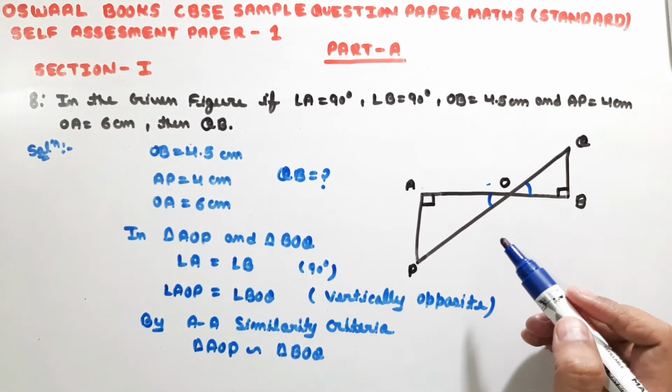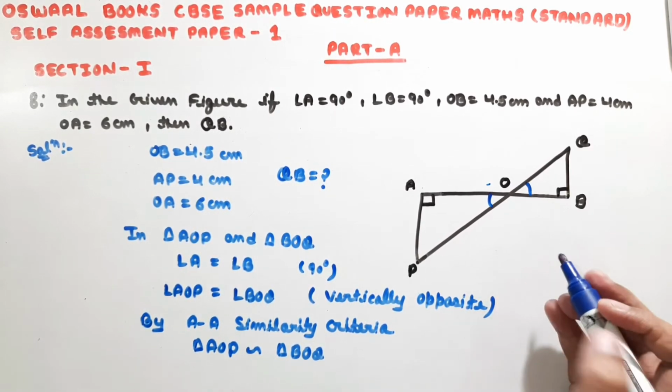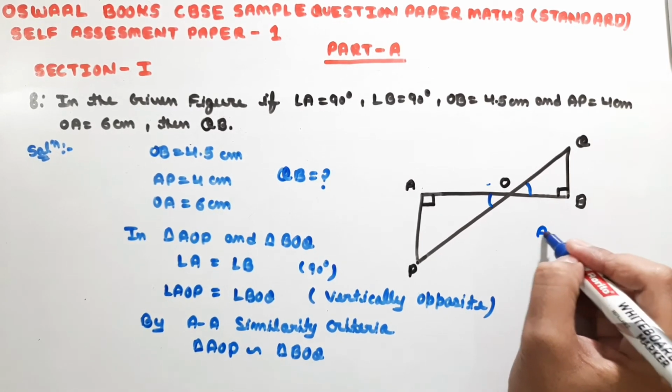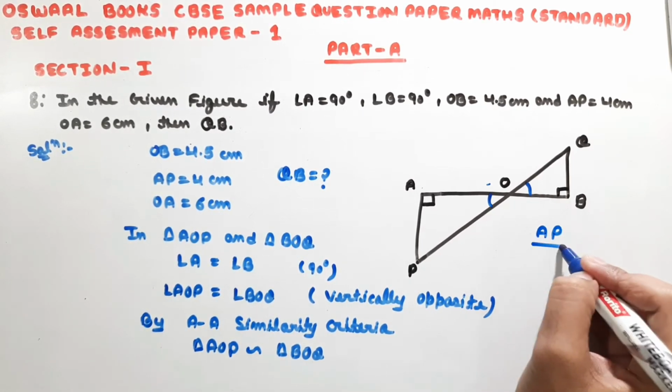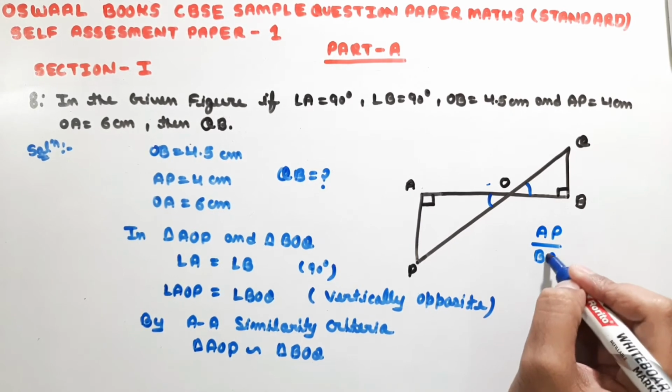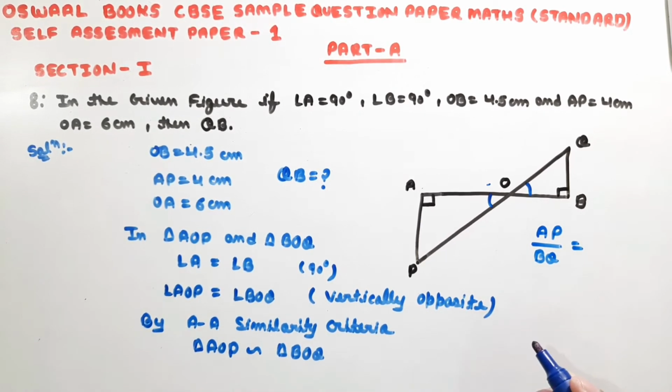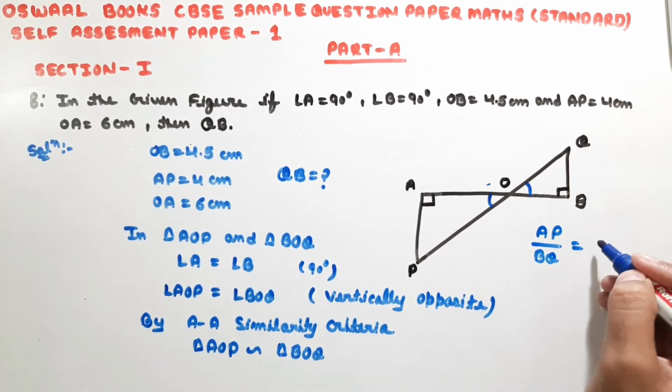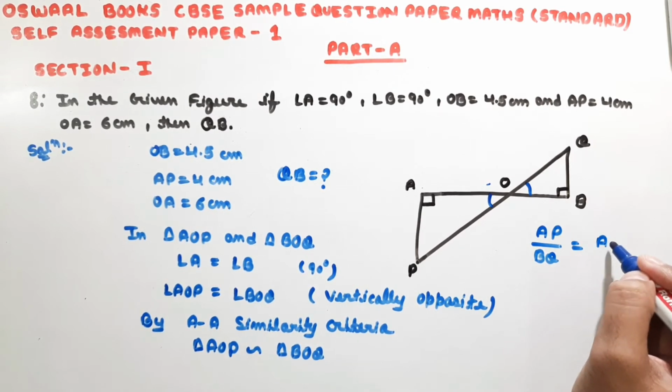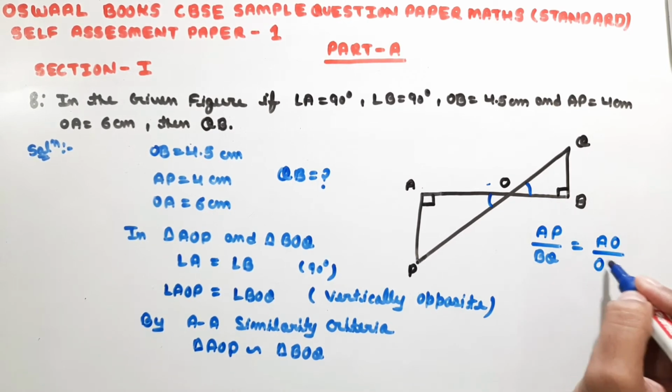So taking the ratio of corresponding sides, AP upon BQ equals AO upon OB.